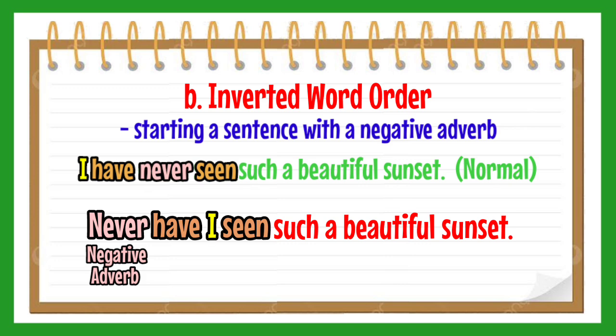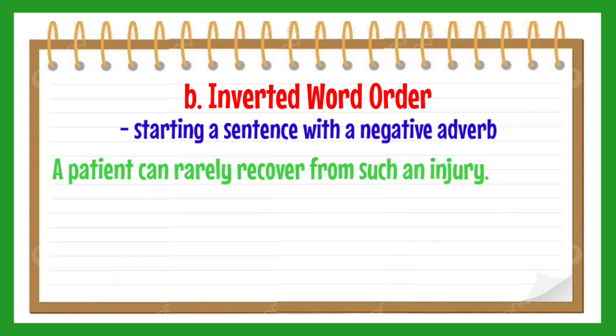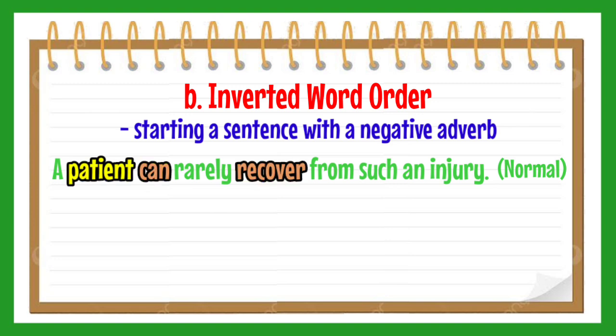Okay? Another example. A patient can rarely recover from such an injury. This sentence is in the normal word order because, again, the subject comes before the verb. Our subject here is patient, and the verb is can recover. And the negative adverb rarely comes in between them.